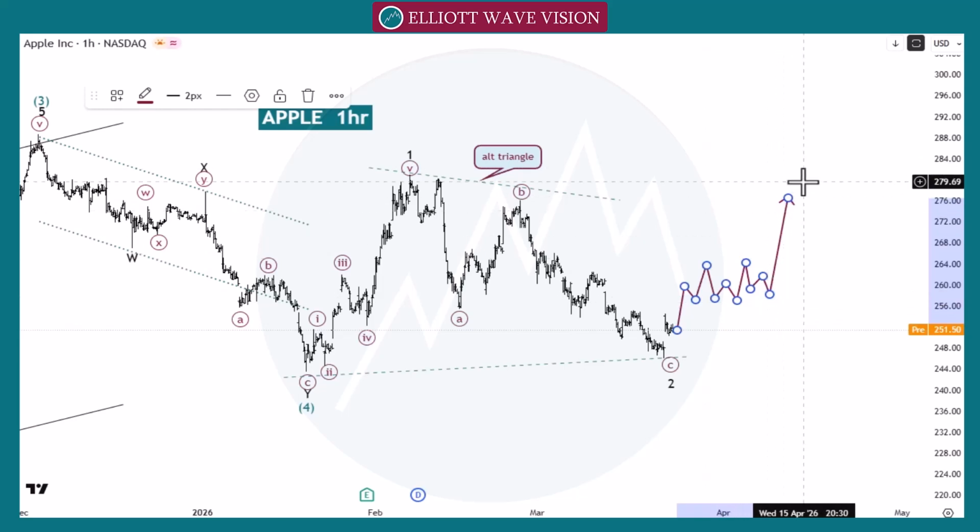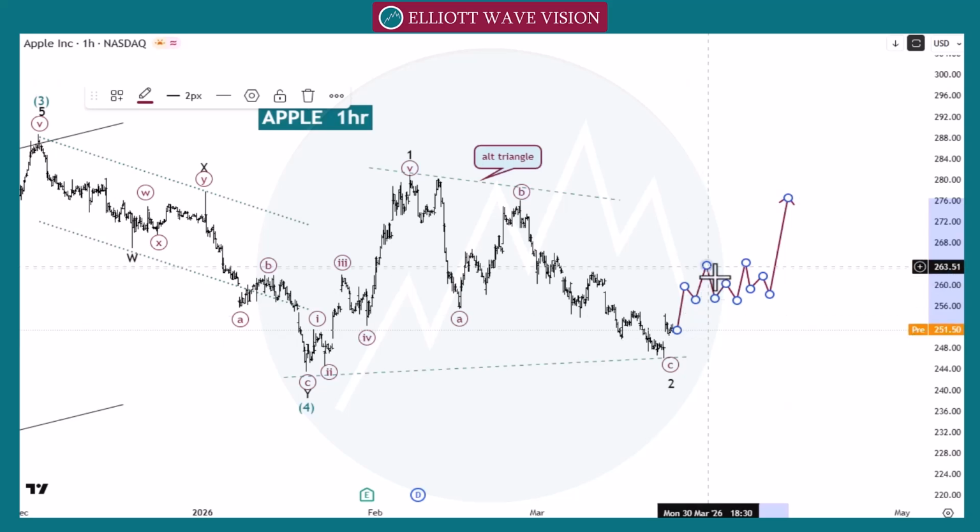If these 280 give us the classic trading level pattern with the proper impulsive move, then we will go towards the 300. Otherwise, that's possible after this A, B and C the market goes towards the next move as a wave E. Wave A, B, C, D and E last leg. So we need to wait for the classic trading level pattern at 260 or 265 to go towards the 272.